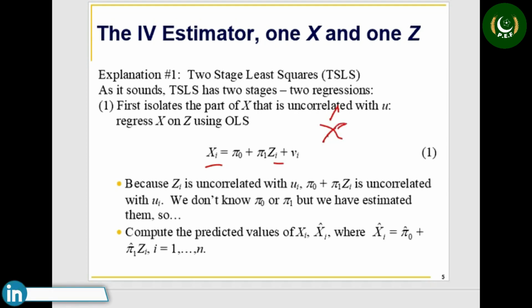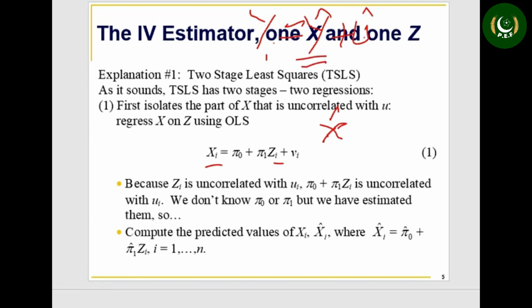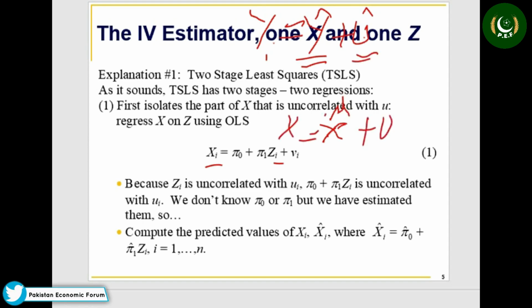When we regress Y on a regressor, Yi is always equal to Y hat plus U hat, and U hat is Y minus Y hat. This Y hat is that part of Y which is uncorrelated with U hat. Similarly, X equals X hat plus a residual. X hat will be that part of X which is uncorrelated with U, and that's our name of the game.